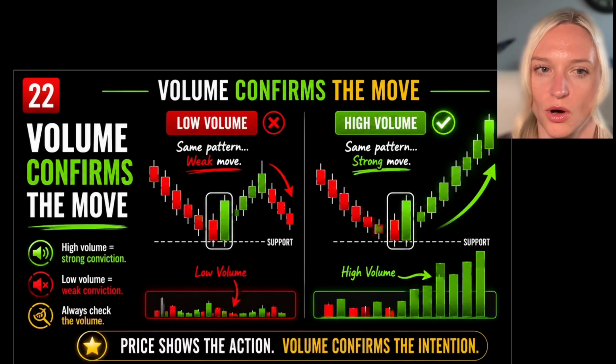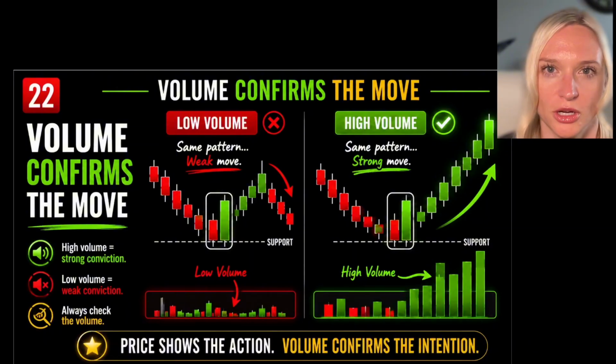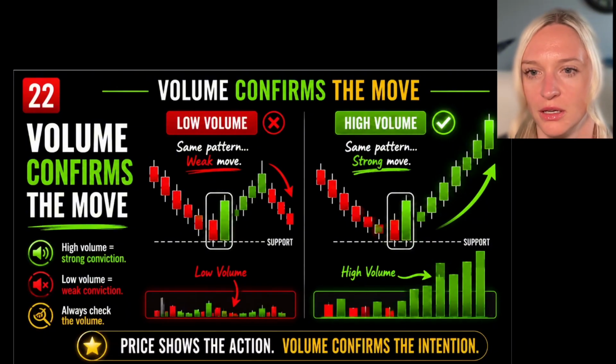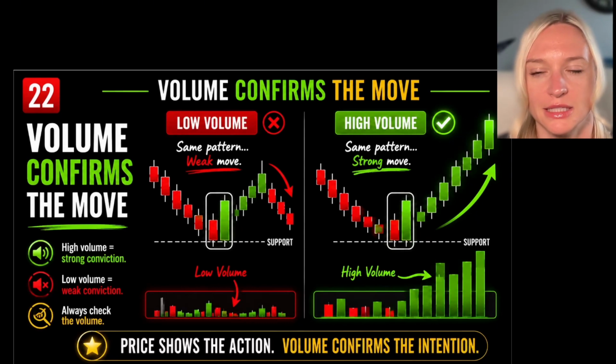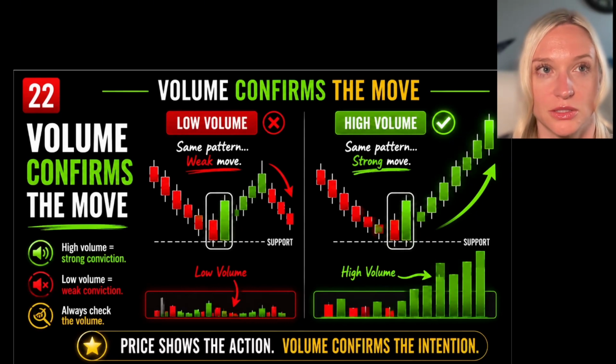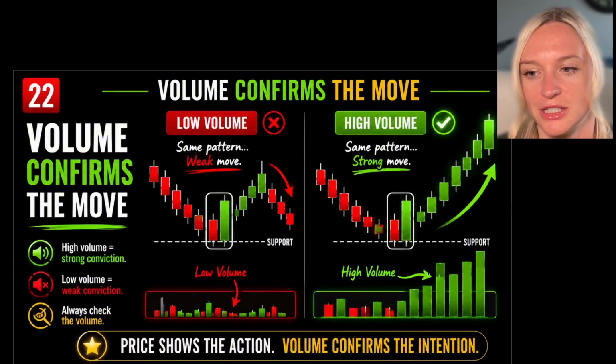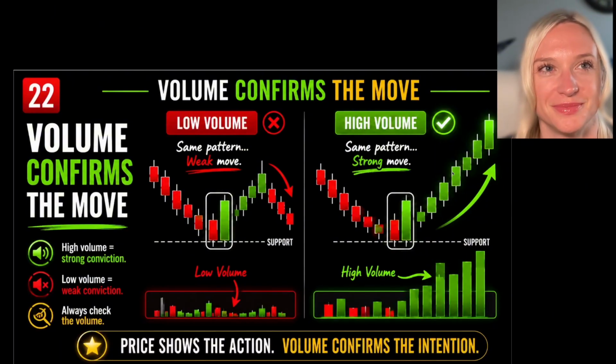So you can know all of the terminology for price action, but if you don't have volume, it means nothing, because you could be going and saying, look, I did see the doji, but guess what? There's no reversal because there's no volume, right? We need people.